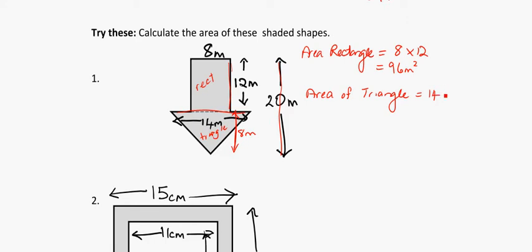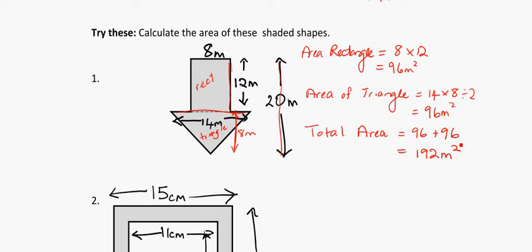So 14 times 8 divided by 2, and we get 96 meters squared. Again, total area, we add them together, so it's 96 plus 96, which is 192 meters squared. Don't forget your units.